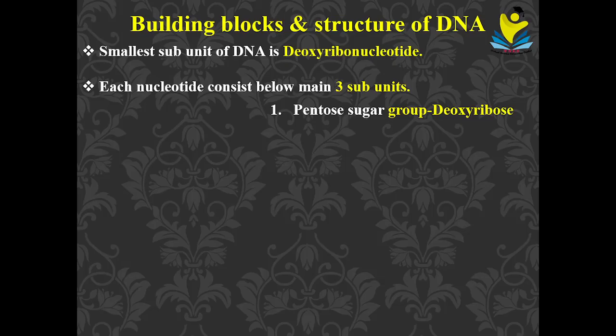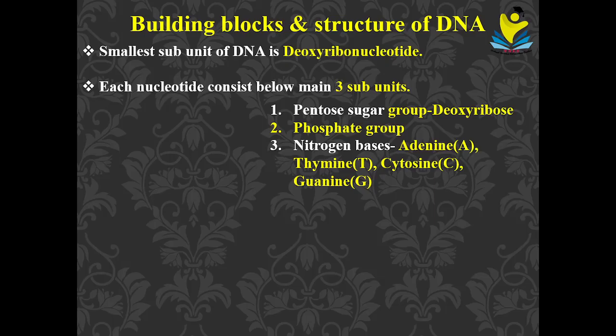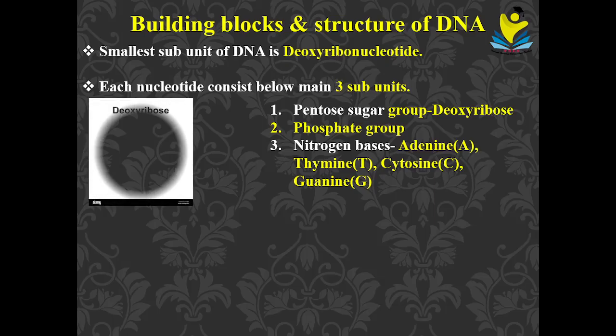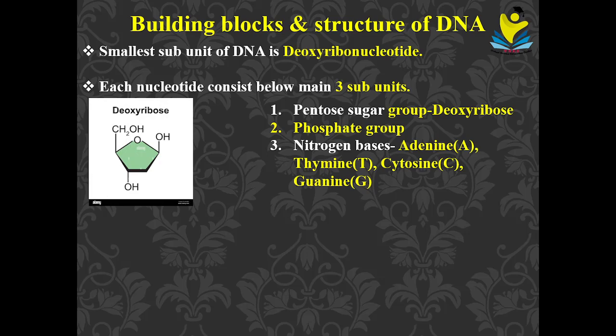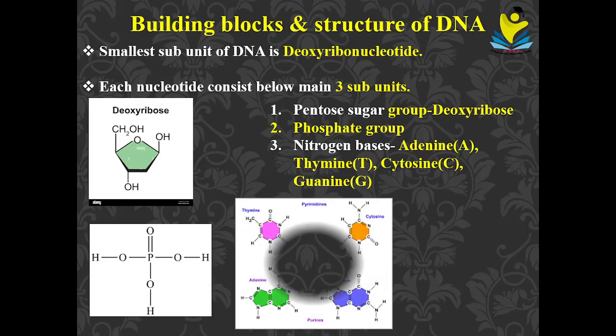The next subunit is the phosphate group, and another subunit is the nitrogen bases. In DNA, there are four types of nitrogen bases: adenine, thymine, cytosine, and guanine. On the slide, you can see a picture of deoxyribose, the phosphate group, and the nitrogen bases of DNA. Okay, let's go to the next slide.